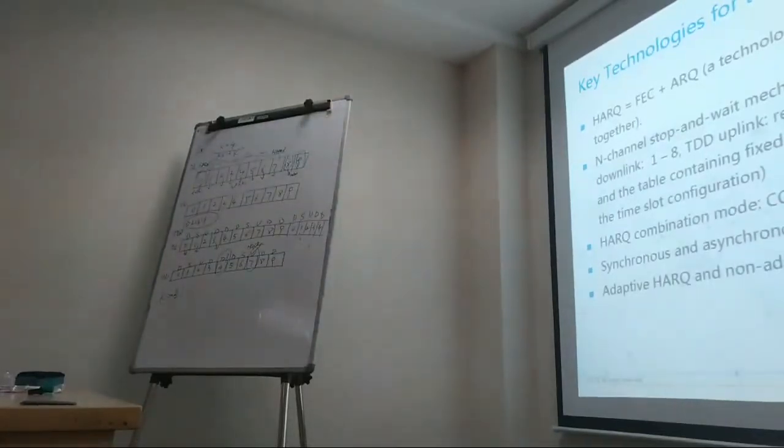The difference is that FDD can always be used for uplink or downlink, but TDD has only some special subframes, so I need to wait. This is the difference. So you just need to understand FDD, then you will see TDD is similar. It's difficult, but the principles are similar.